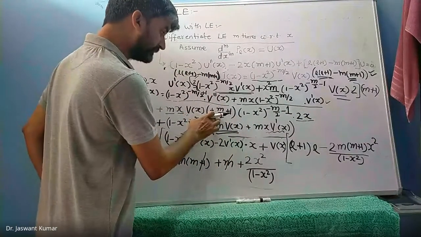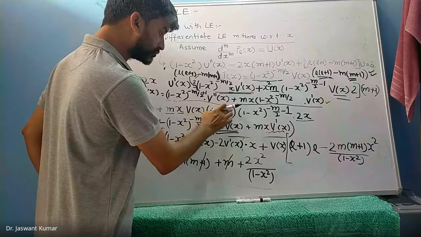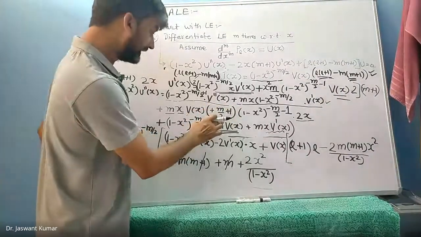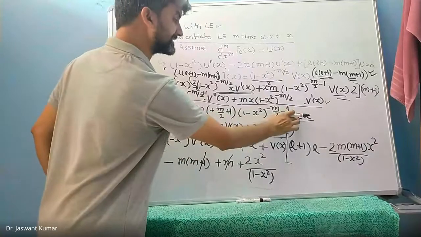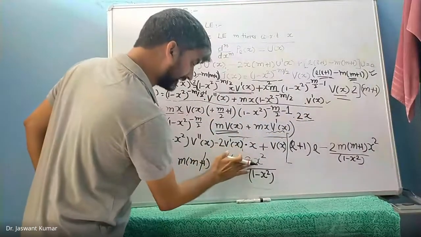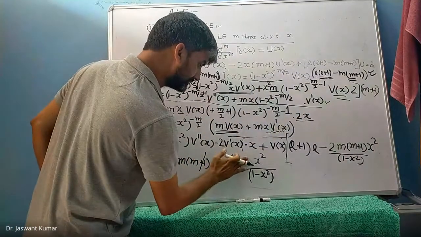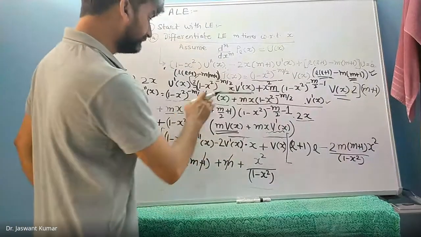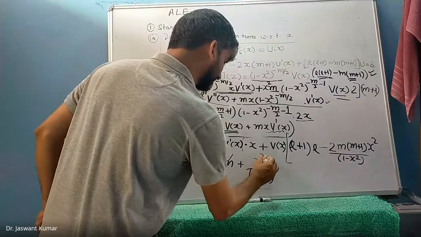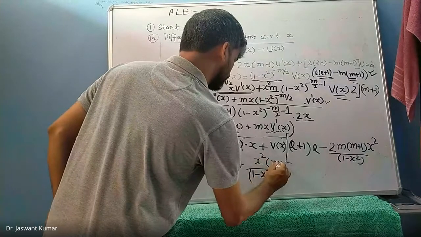This m by 2 plus 1 we will write as m plus 2 whole divided by 2, and then that whole divided by 2 will cancel this 2. So I would like to remove this 2 from here, and will want to write this as m plus 2.